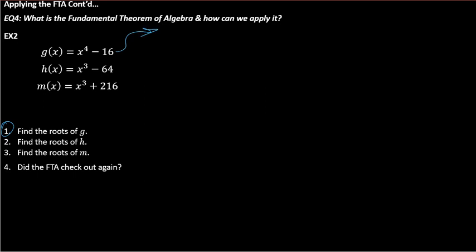What we can do with this guy, g of x, we can go ahead and think of x to the fourth minus 16 as a difference of squares. And remember, a difference of squares looks like this: a squared minus b squared is equal to a plus b times a minus b, right?